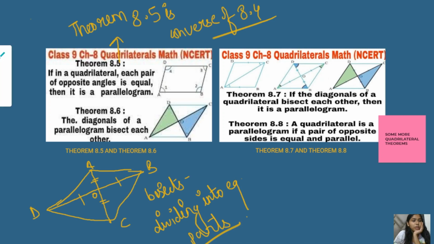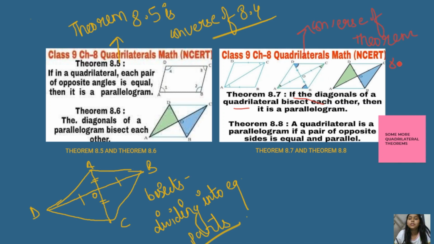Right, so let's now move forward towards another theorem, that is theorem 8.7. What does theorem 8.7 suggest? If the diagonals of a quadrilateral bisect each other, then... basically theorem 8.7 is the converse of theorem 8.6.